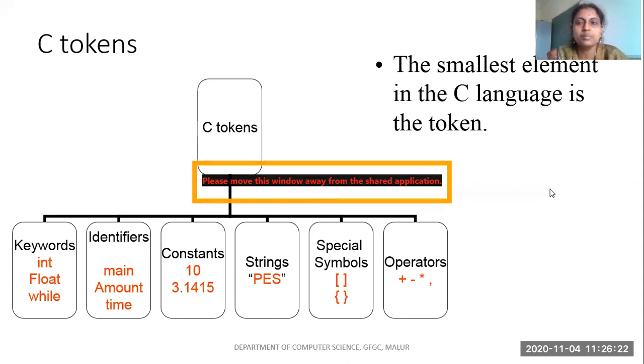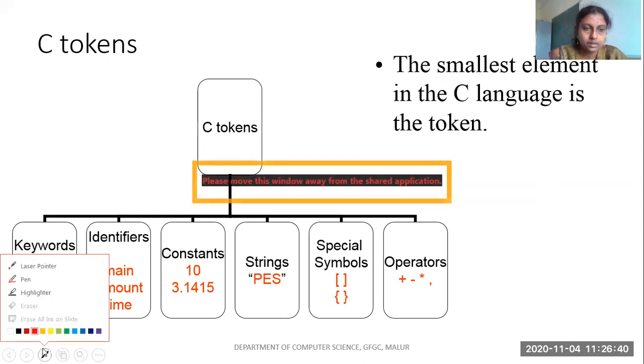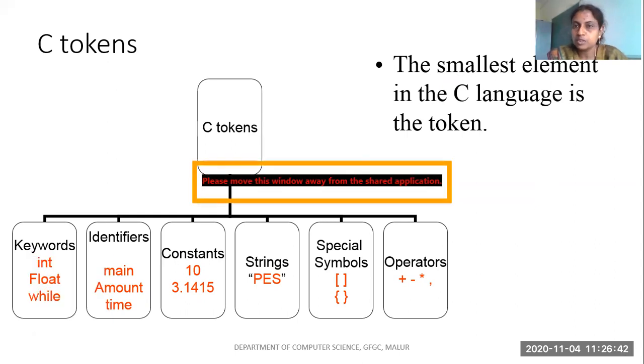The options available under C tokens are: first keywords, then identifiers, third constants, then strings, then special symbols, and then operators. So the definition goes like this: the smallest element in the C language is a token, and a token consists of keywords, identifiers, constants, strings, special symbols, and operators.